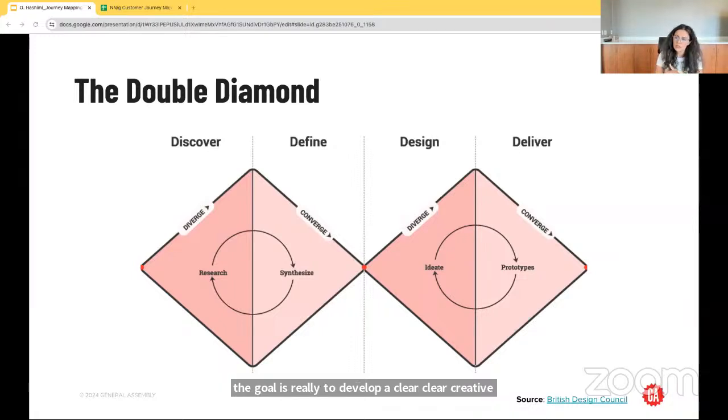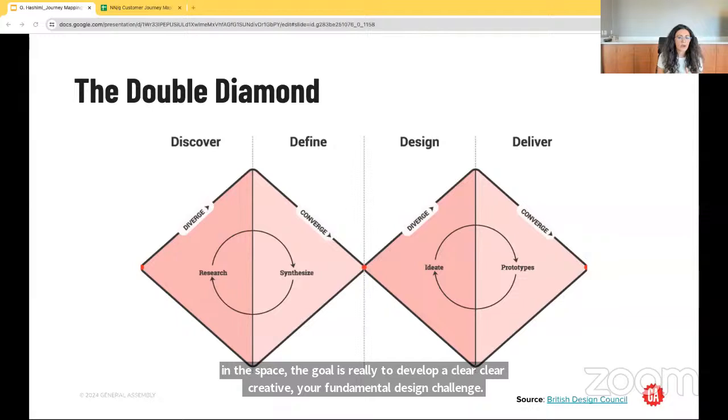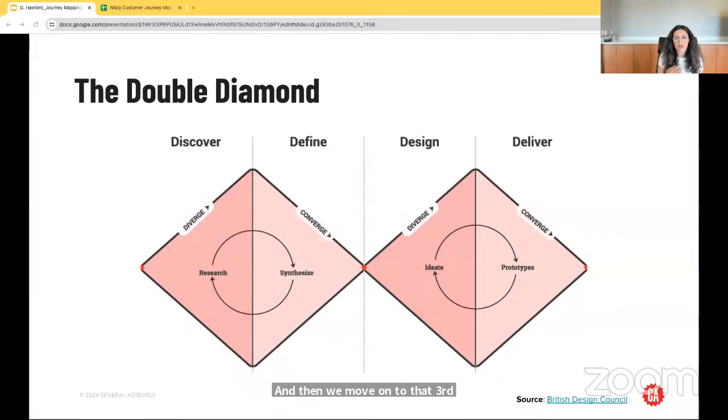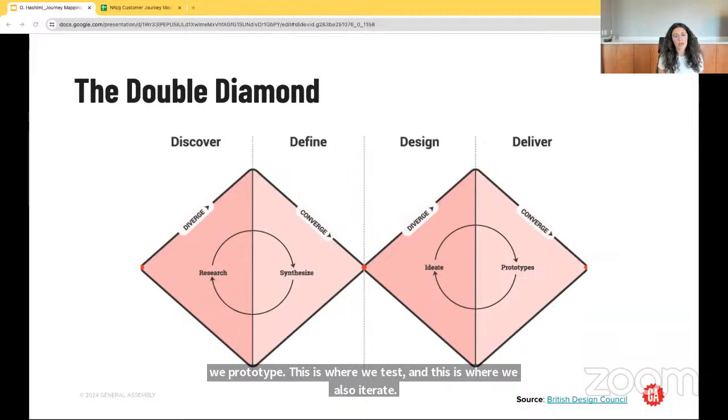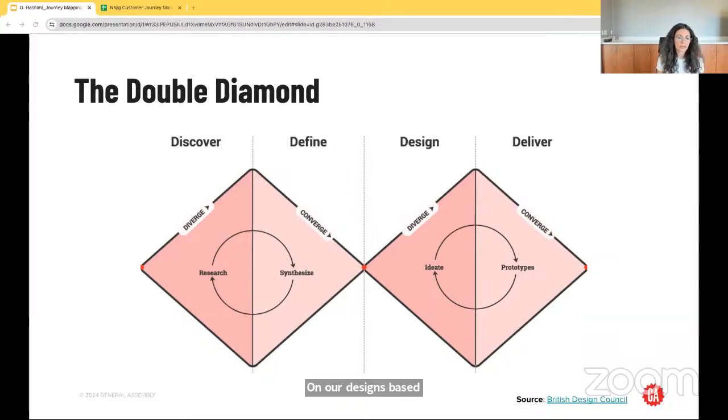And then we move on to that third quarter, and that third quarter marks a period of development. And this is where solutions and concepts are created. This is where we prototype. This is where we test. And this is where we also iterate on our designs based off actual feedback from our target audience.